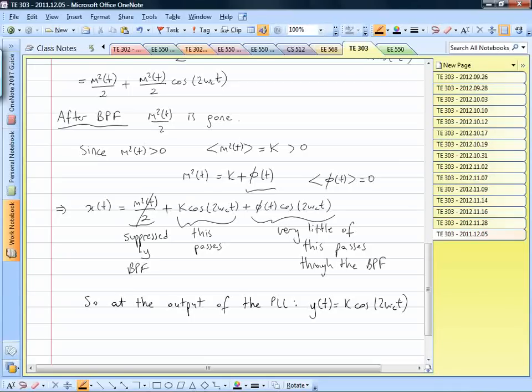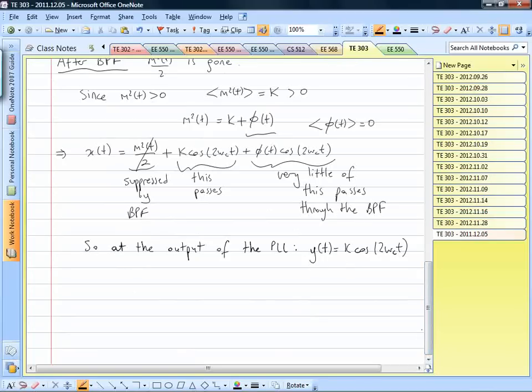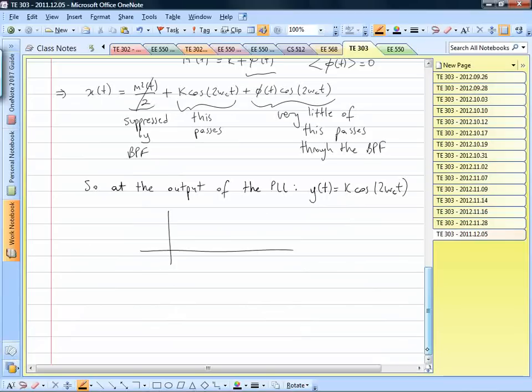Now we generated the carrier, but at twice the frequency. Now we need to divide the frequency. We need a frequency divider to go down in the frequency. So how does this signal look in time? What we generated here is, instead of cosine omega t, we generated cosine 2 omega t. So if you plot this, it's higher in frequency, right? So what you've generated is like this.